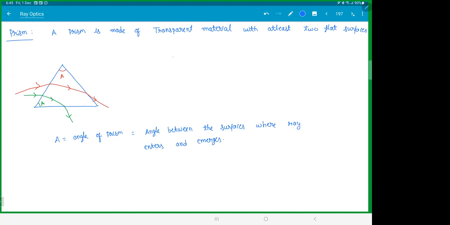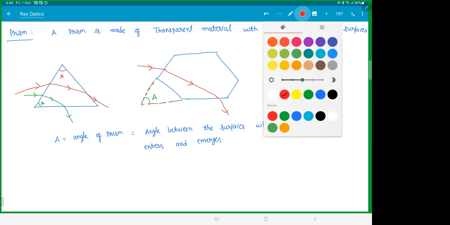If I take a few more examples, imagine I take something like a hexagon. Let's say a light ray enters like this, hits here and comes out like this. So extend this, and this will be your angle of prism. That's how you choose. Again, remember, there should be only two refractions. If you have more than two, it's gone. You can't use the prism formulas.